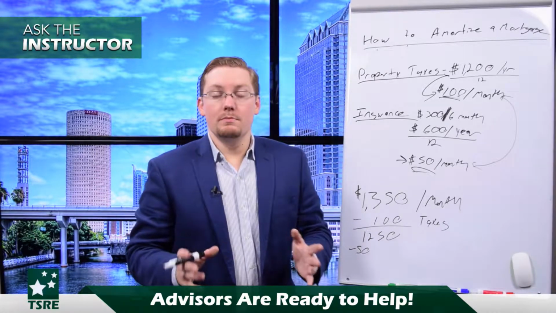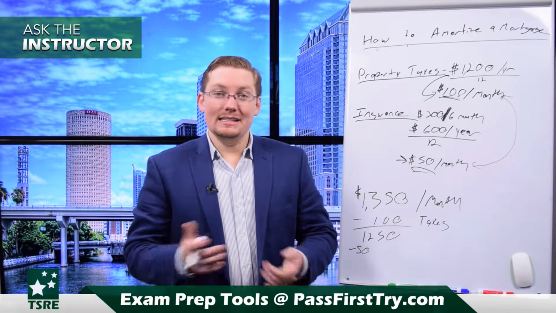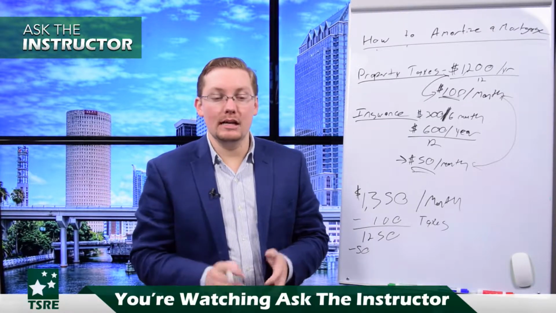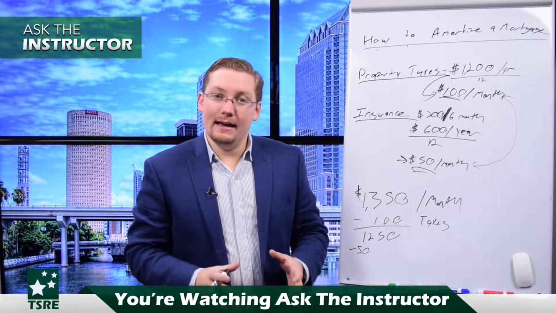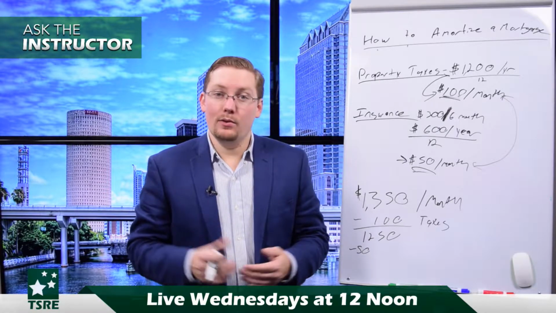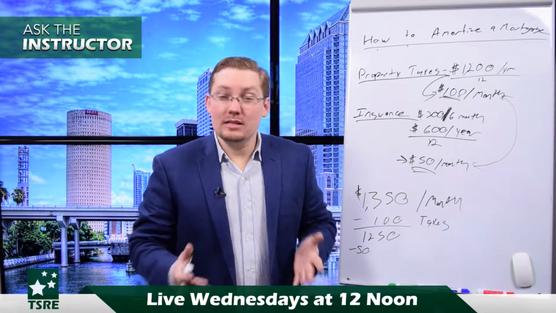But typically with most properties, the building is going to make up a majority of the value, anywhere from 80 to 90%, especially when you get into more suburban areas where the land isn't that valuable, but there are still really nice houses on top of them. That's where it might be even higher, where the building makes up almost the entire value.